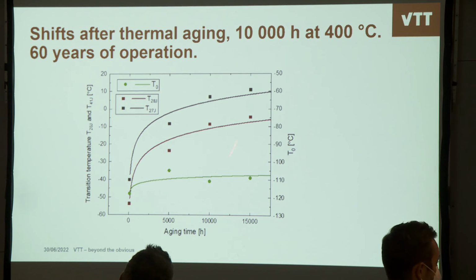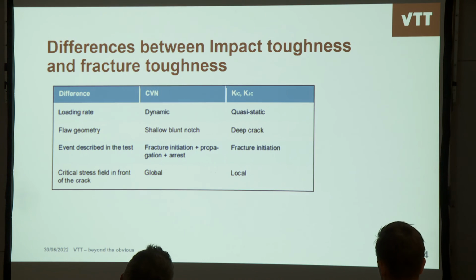Then we have an impact toughness shift of 50 degrees, but the fracture toughness shift is 10 degrees. And the reason for that is there are many differences, but one is that we have a fracture initiation, propagation, and arrest. That's what the impact toughness test describes. But a fracture toughness test describes the fracture initiation.